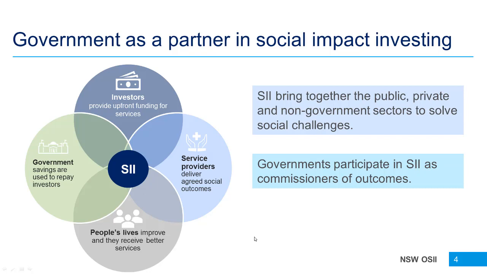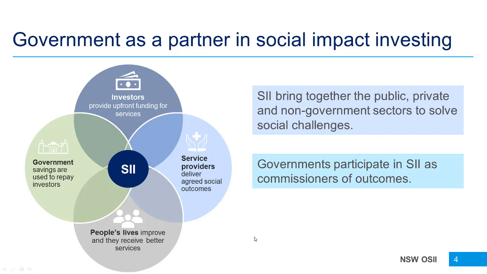This in turn generates savings for the New South Wales Government. These savings are then used to repay the investors, payment to service providers, with a modest return on their investment so that they can invest back into their organisations and grow the good work that they are doing.